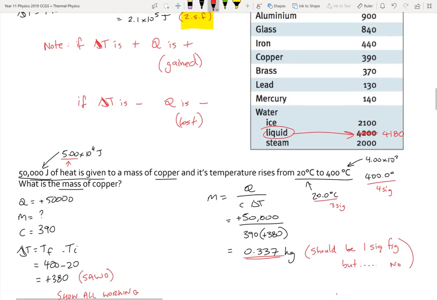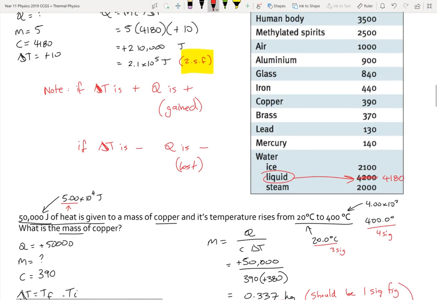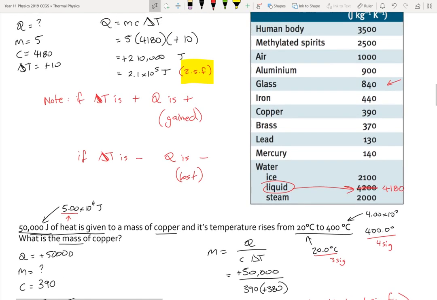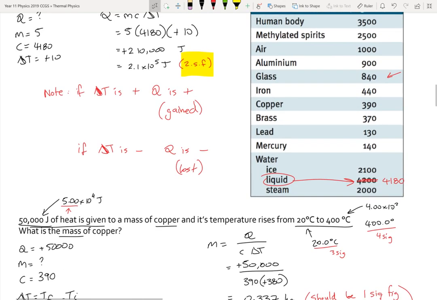Lastly, hold on. These numbers are all significant. So again, do not look at the specific heat capacity of air and go 1 sig fig. No, all of these numbers are significant. Okay? So in your data sheet, it's going to say 1.00 times 10 to the 3, or 2.00 down here.